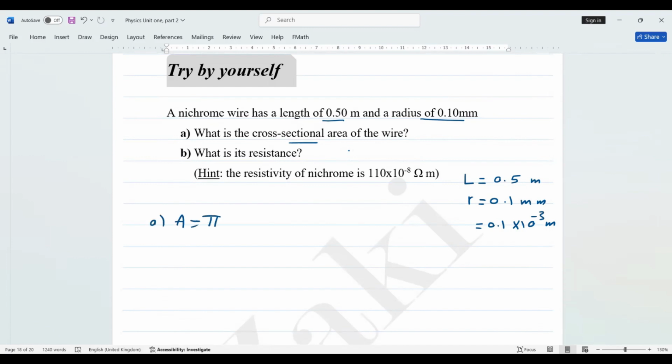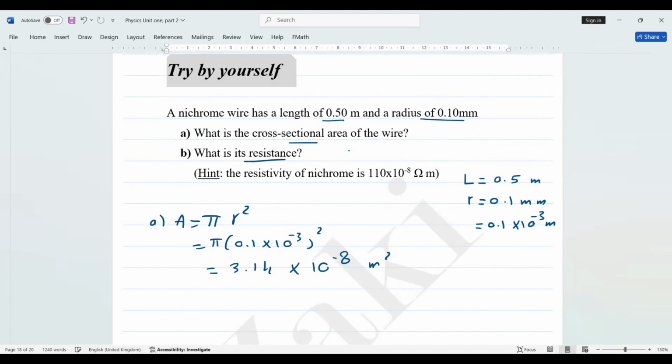The area is pi r squared. Pi, open bracket, r is 0.1 times 10 to the power negative 3, all squared. We can calculate this value. The answer is 3.14 times 10 to the power negative 8 meter squared.